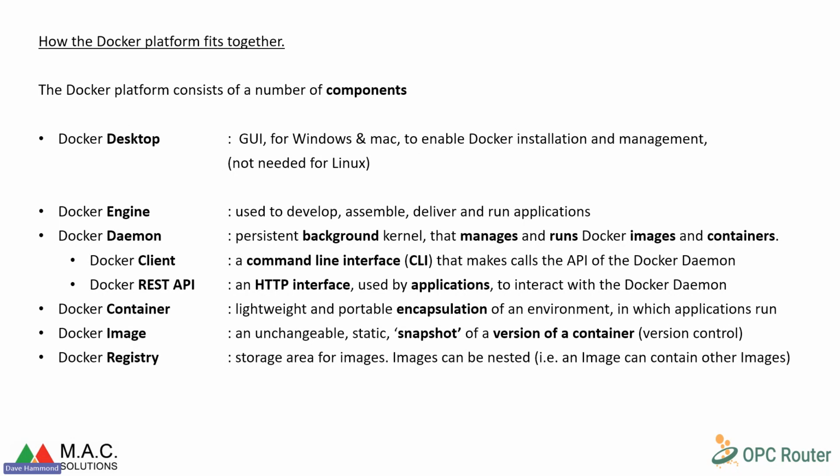The other components: you've got the engine, which is the main core of the software. You have what's called the daemon, which is the kernel that manages and runs the images and the containers, that basically orchestrates the operation. Interfacing with that daemon, you then have a command line interface. For those people who remember DOS or who use Linux already, it's typed commands.